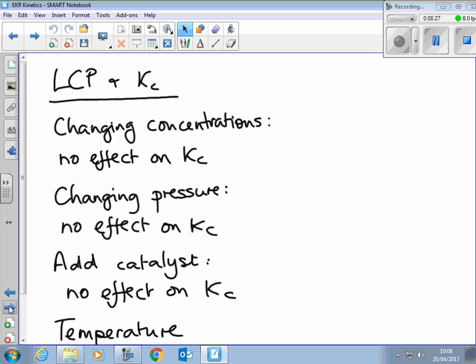If you increase the temperature, you're increasing the heat on whichever side, so it's going to push it to reduce the temperature back down. So that's the only one that is really going to have any effect.